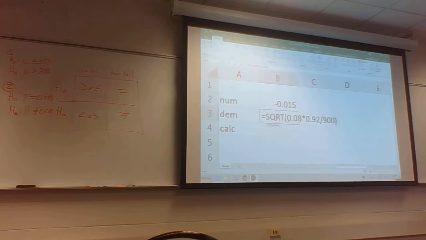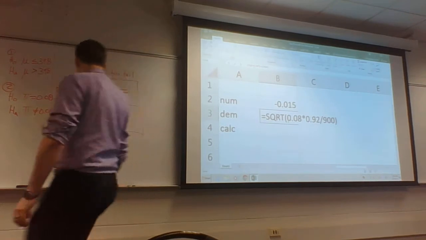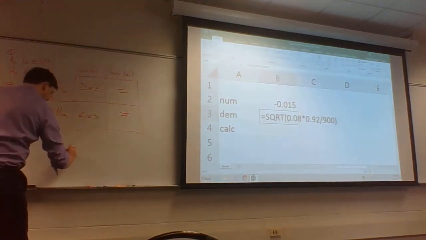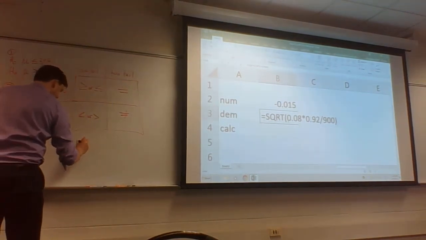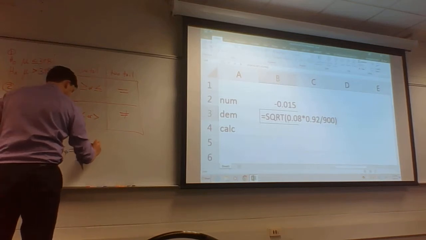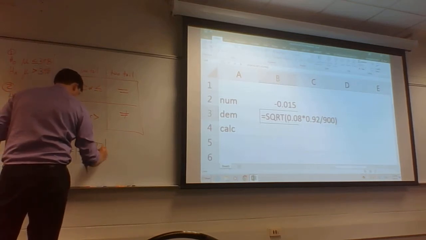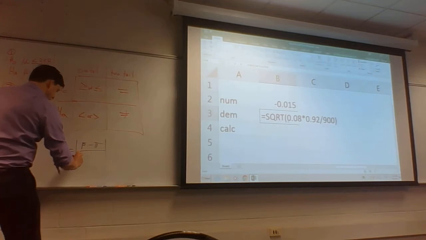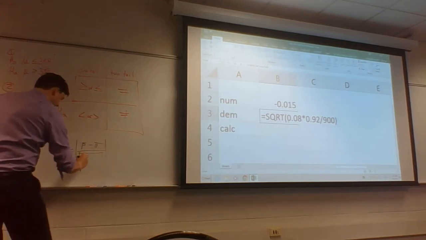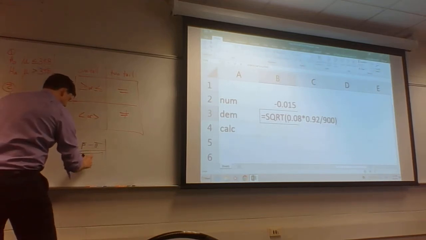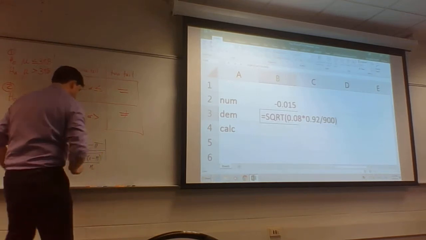Again, let me use this equation: P bar minus pi, divided by the square root of pi times 1 minus pi, all over n.